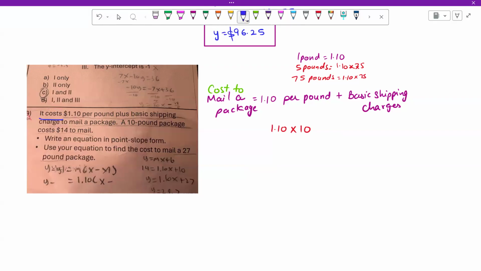It costs for what? To mail a package. What is the costing? This much to this much. Any questions in this? No.